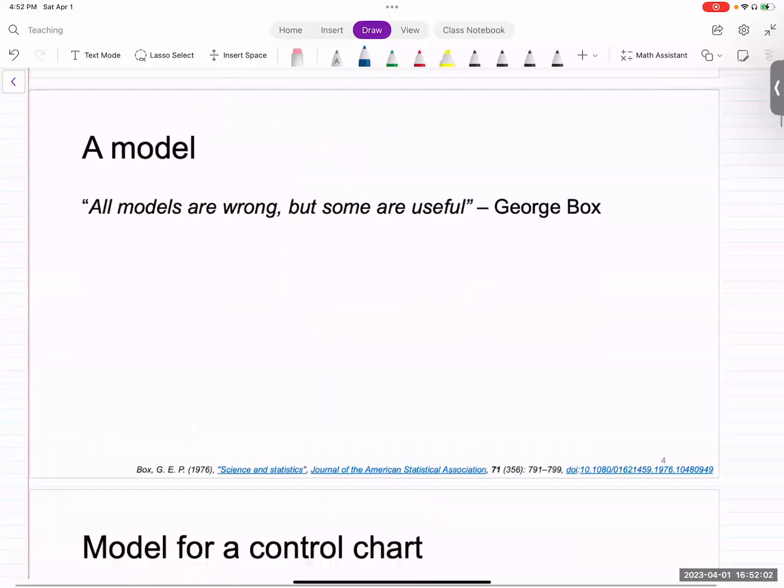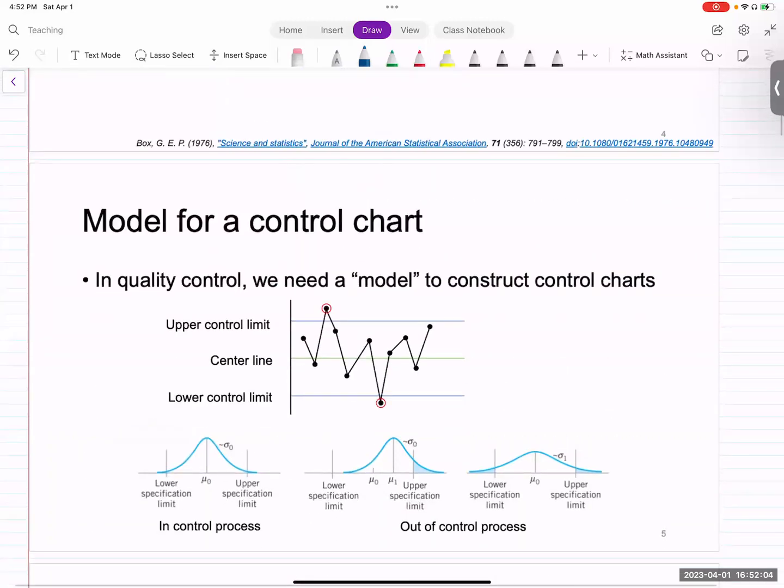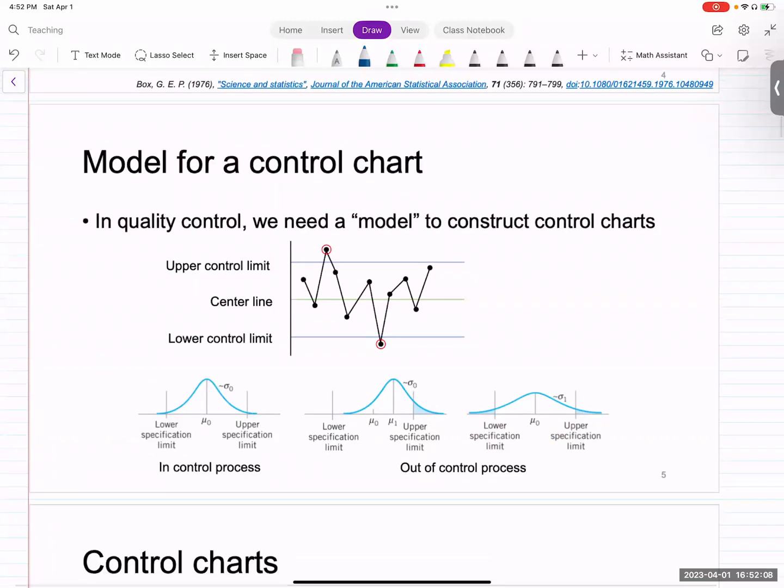All right, so we'll get started with the general model for a control chart that we have already seen in chapter number 4, and then we'll go from there.